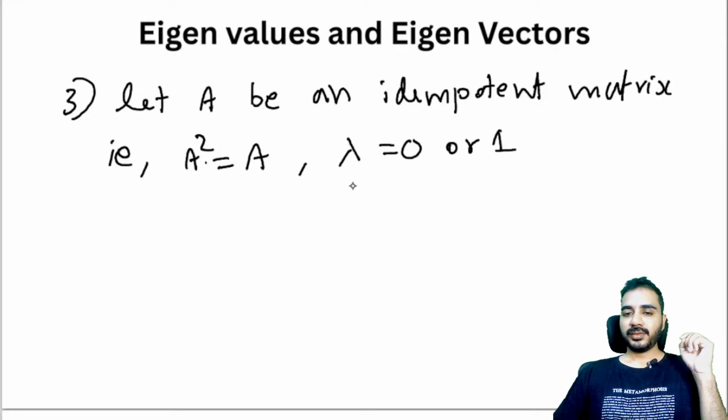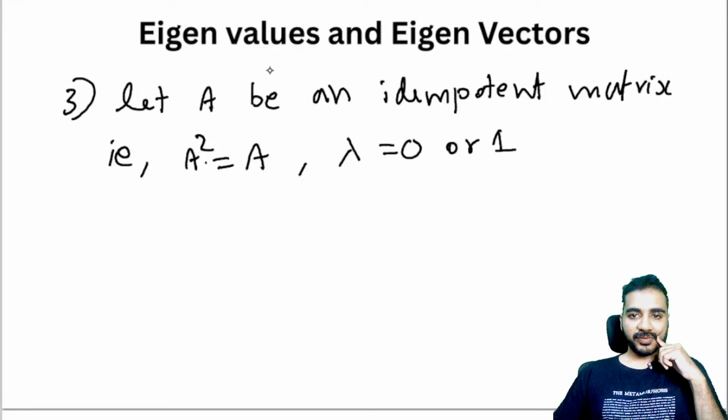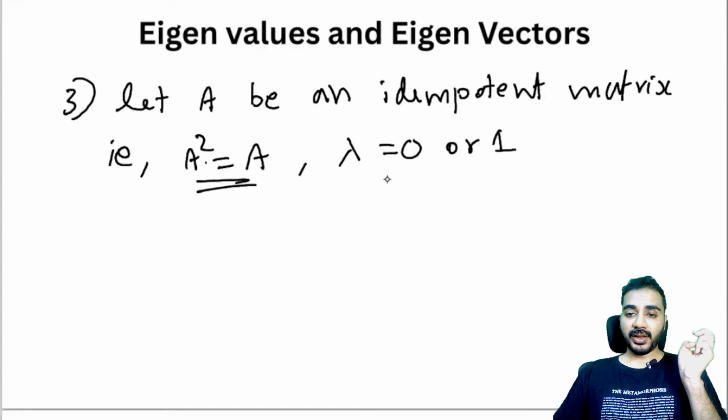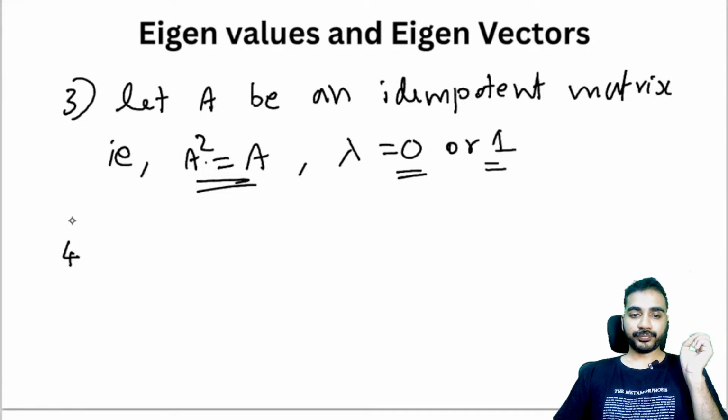This is the property of eigenvalues related to idempotent matrices. When A square equal to A, or A is an idempotent matrix, we can have eigenvalues 0 or 1. This is the third property.